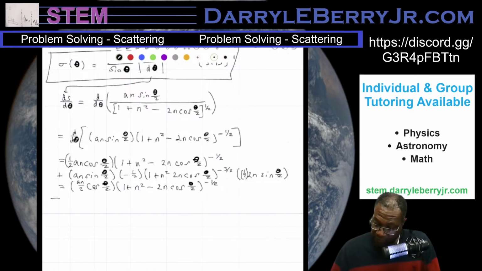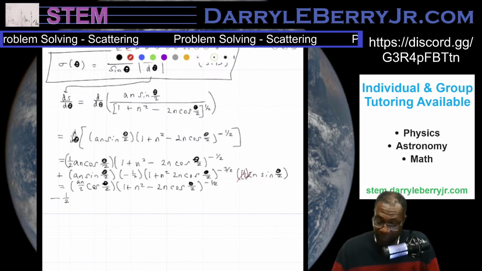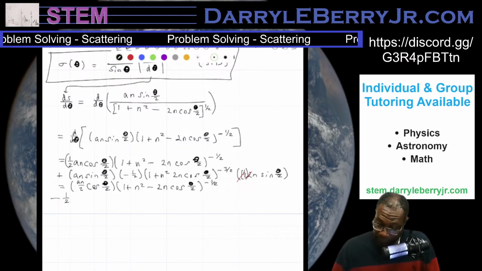And then we have a half. Since these two will cancel out, fine, that's a common pattern.